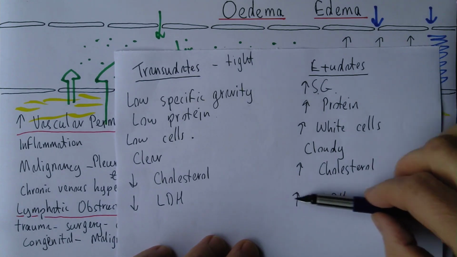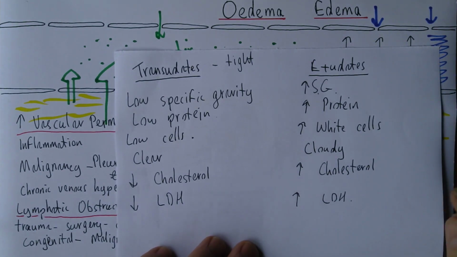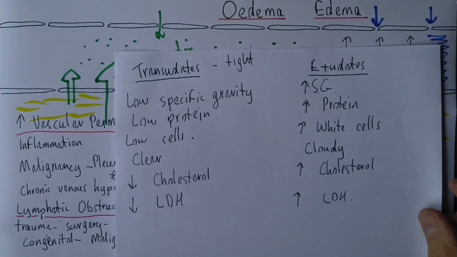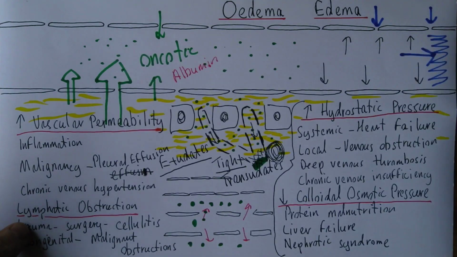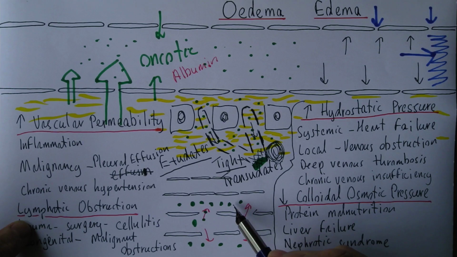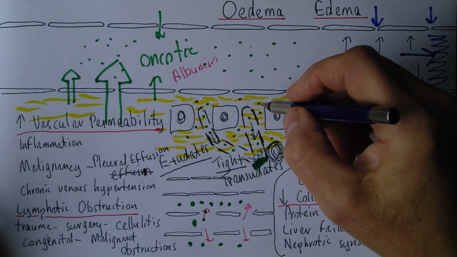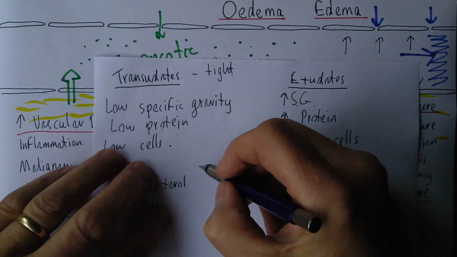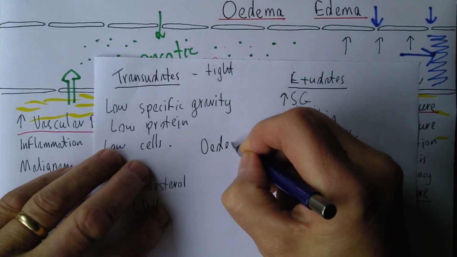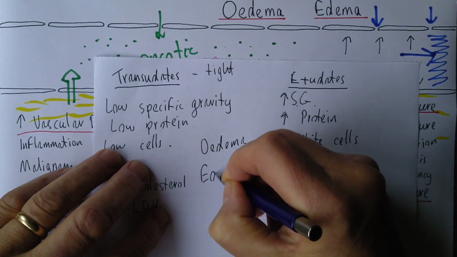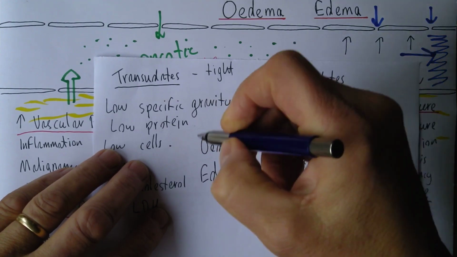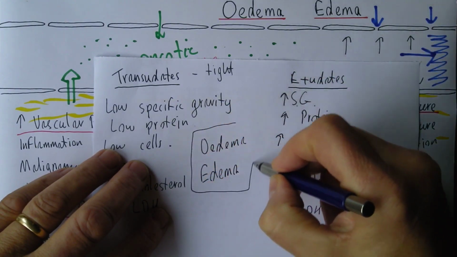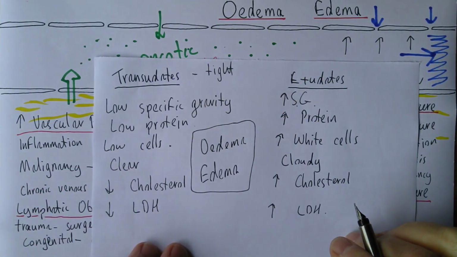Plus this is sort of a localized inflammatory marker, the LDH. With the lymphatic obstruction, again, you're going to get the increased amounts of protein because the proteins aren't drained away in the lymphatic fluid. So these are both causes of edema. They're both edemas, but they have these different characteristics.